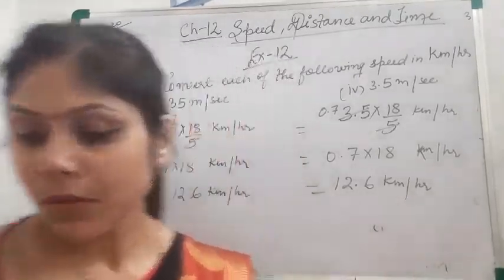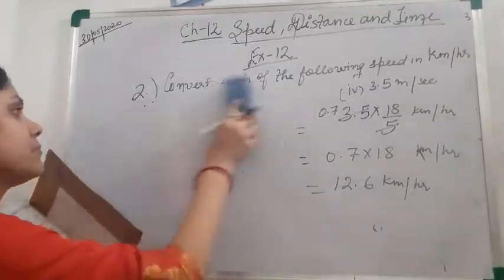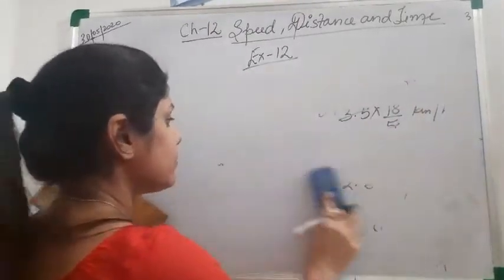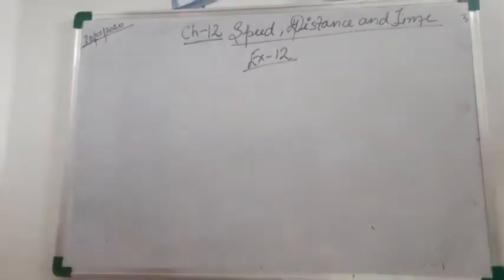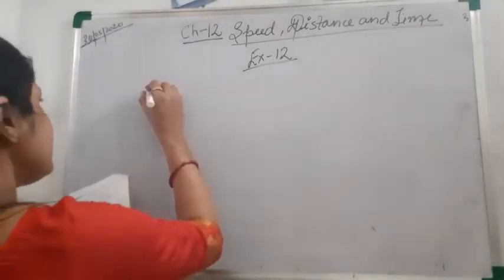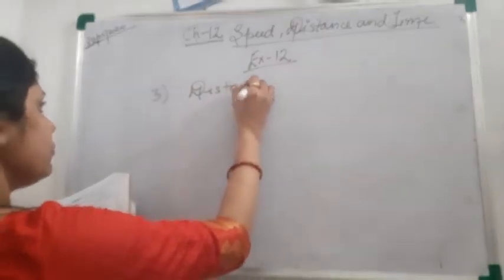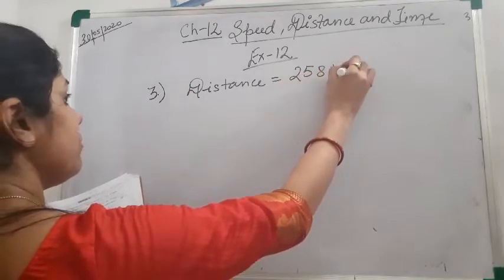Now come to this third question. A car travels: distance is equal to 258 kilometer.